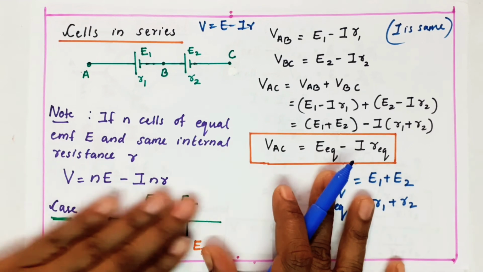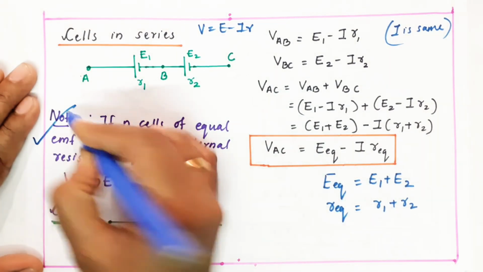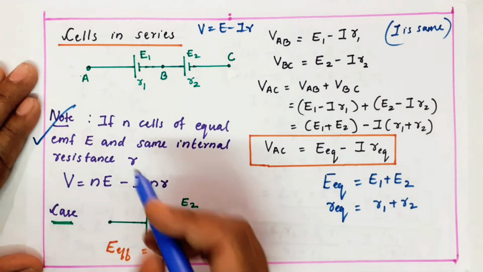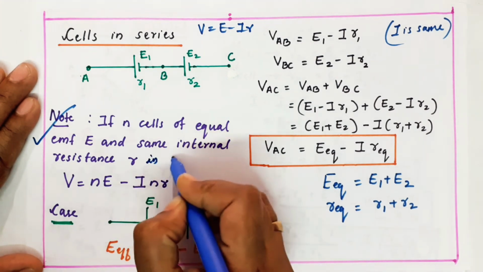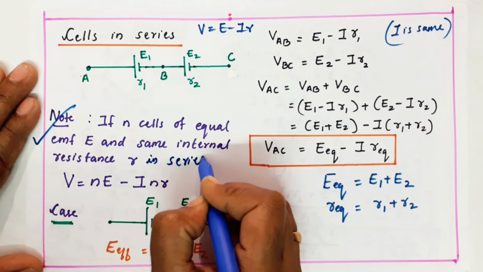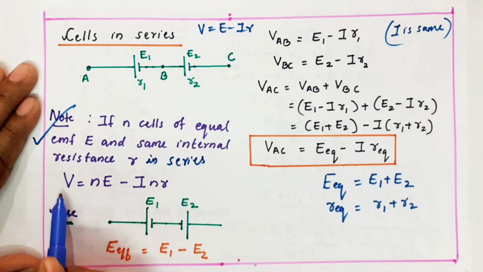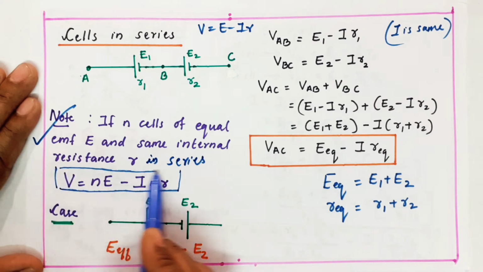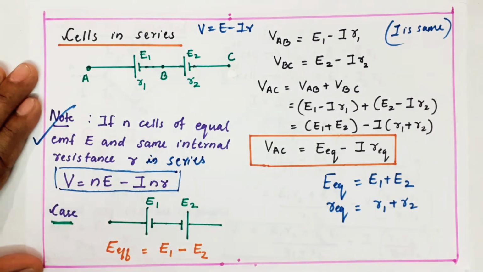So if n cells of equal EMF and the same internal resistance are in series, the potential difference is V equals nE minus I into nR. Clear?